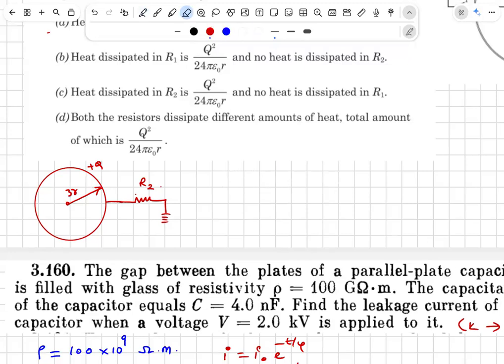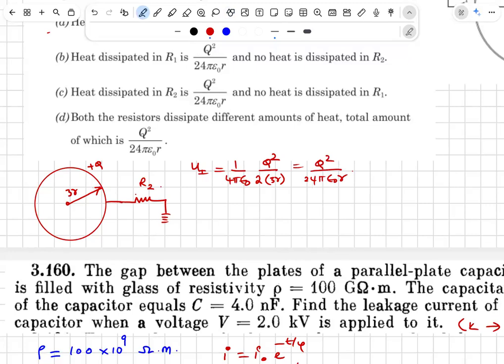I'm giving an expression for self-formation energy. UI is 1 by 4 pi epsilon naught Q square by 2 times radius, which is Q square by 24 pi epsilon naught R. This is the energy you have, by the way.